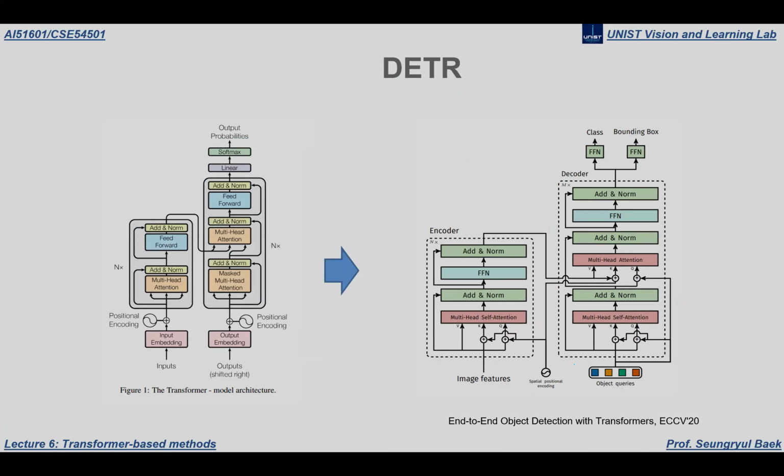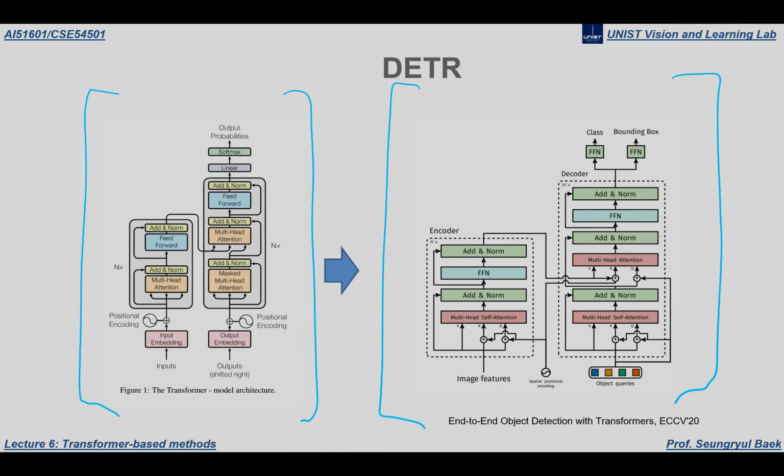On the left side, you can see the original transformer. And on the right side, you will see the figure drawn in the ECCV 20 paper, which is DETR's architecture. Mostly they are similar, but their inputs are now the image features extracted from a pre-trained ResNet.